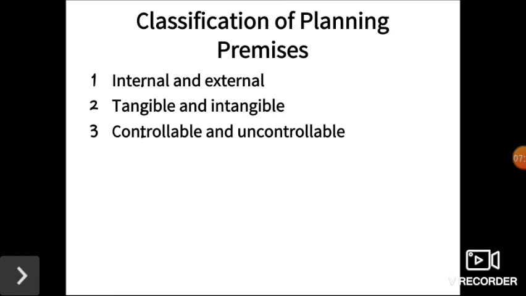Such premises are called semi-controllable premises. Examples are union-management relations, market share of the company's product, labor efficiency, product price, etc. These are the classifications of planning premises.